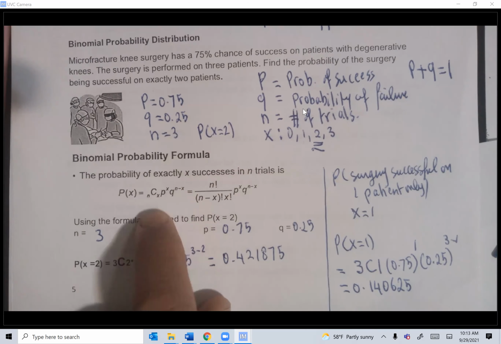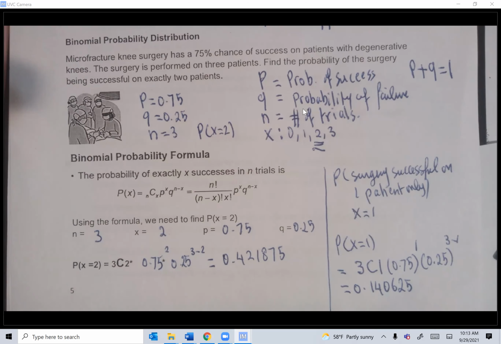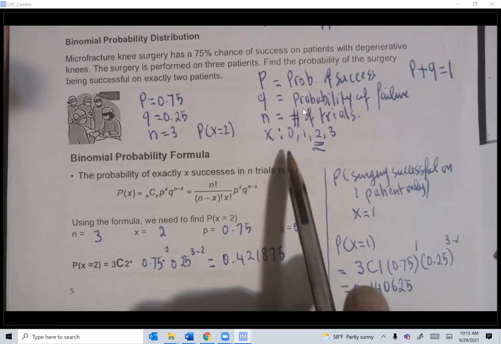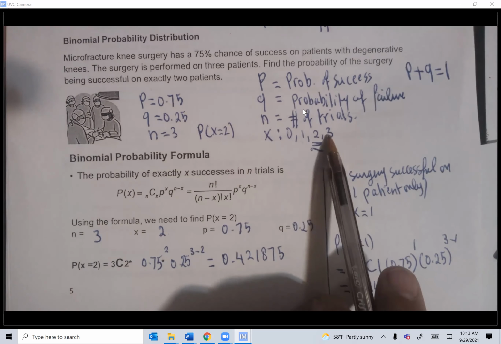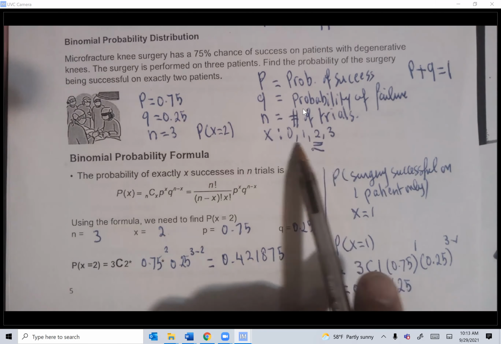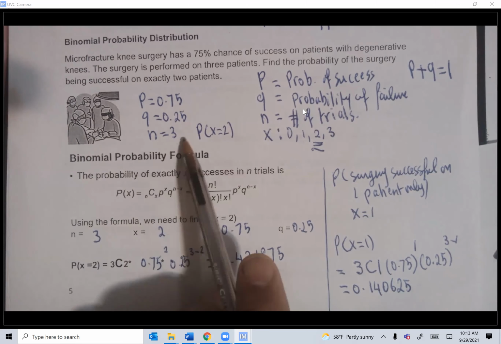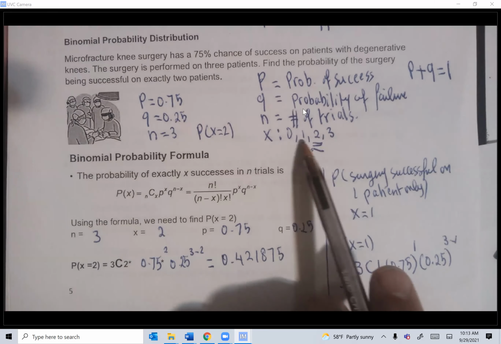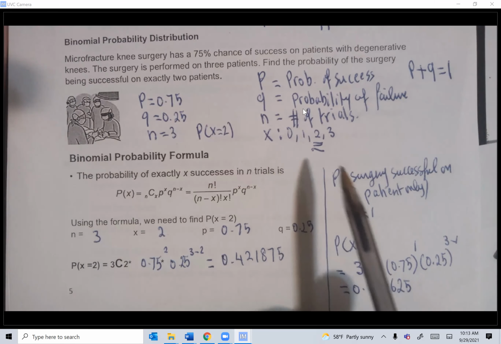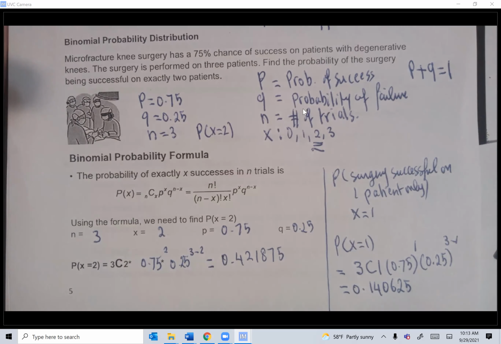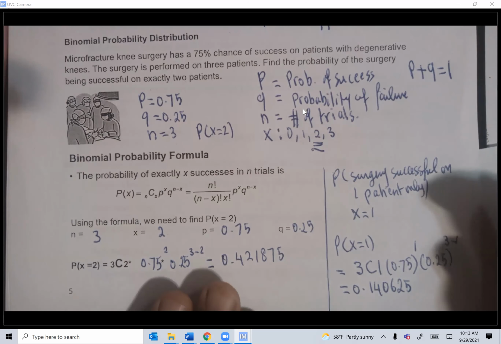And then you can do the math to figure this out. So you can do 0, you can do 1, you can do 2, we cannot ask for any numbers beyond those 4. They have to be limited to 3 and less always. There's no question that will ask what's the probability that the surgery will be successful on 4 patients, because I only have 3 patients, where am I going to get the 4th one from? So that wouldn't work, okay?